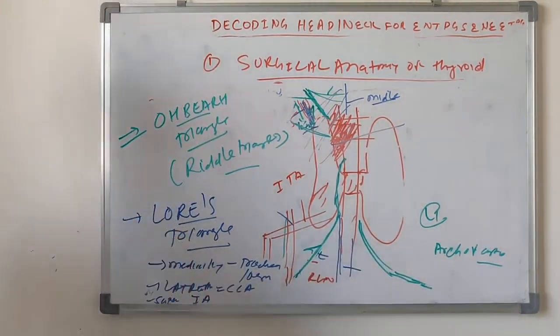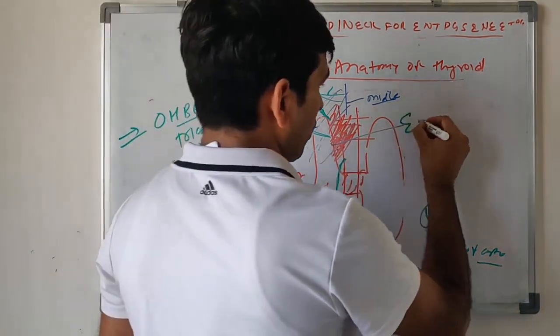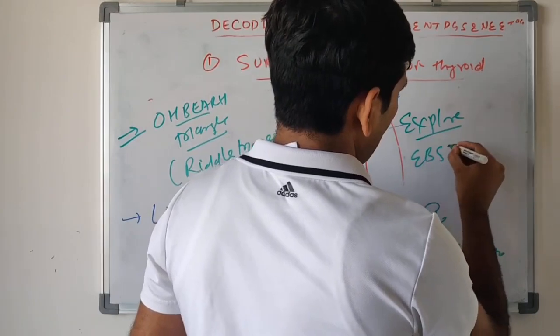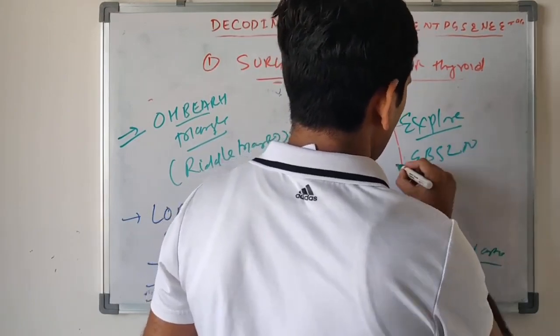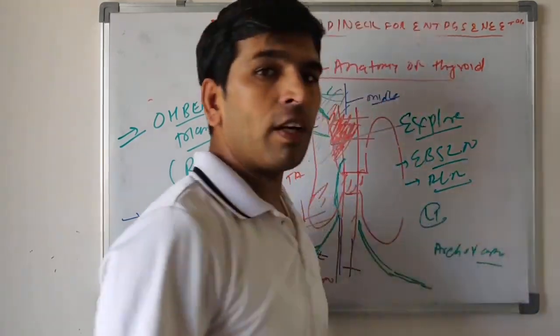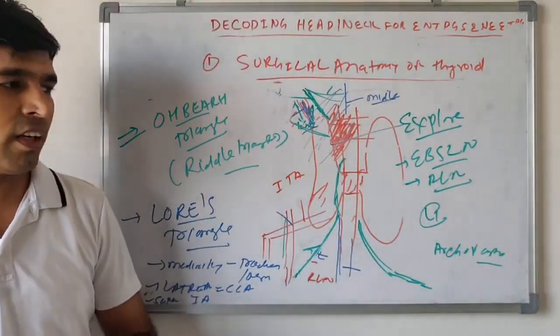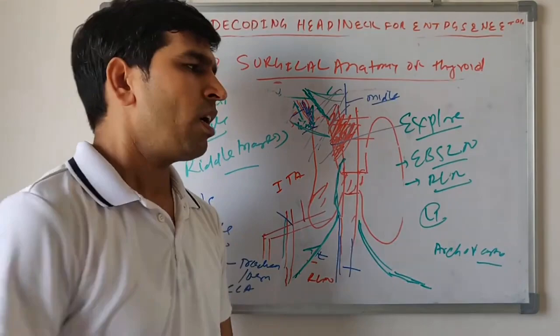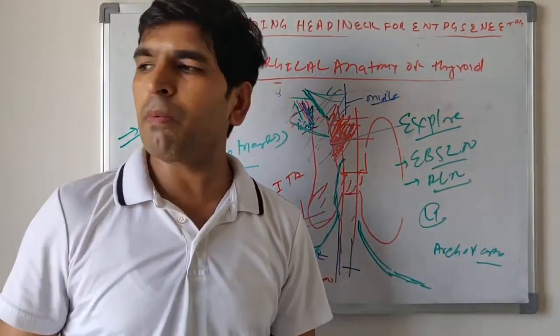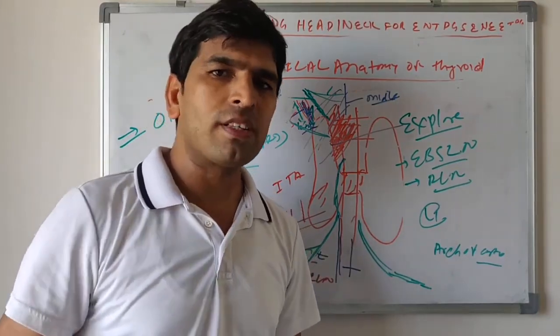So this triangle is better during your operating. I would recommend exploring both nerves, the external branch of the superior laryngeal nerve and the recurrent laryngeal nerve, on both sides. If we are confident we have explored the nerve properly and didn't cut any branch, ultimately this is going to help you, even though there will be neuropraxia.